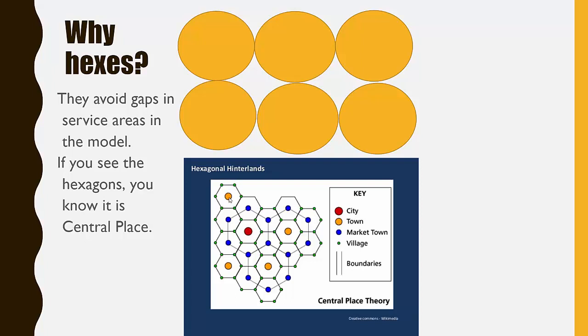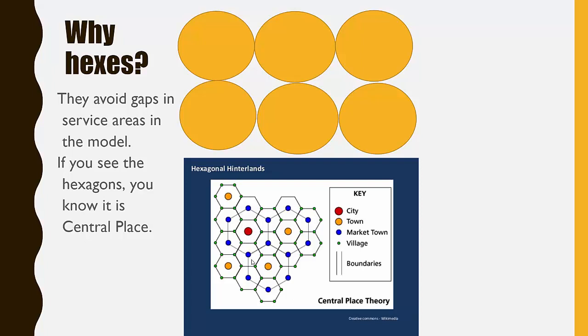So what do we have here? The circles within the hexagons represent different settlements. Alrighty. The larger the settlement, the larger the circle. And you'll notice all settlements provide low order goods, right? All settlements provide gas stations for the most part. Okay, so each of them has a small hexagon that is around them, right? You see the hexagon around the blue circle. You see the hexagon around the red circle.